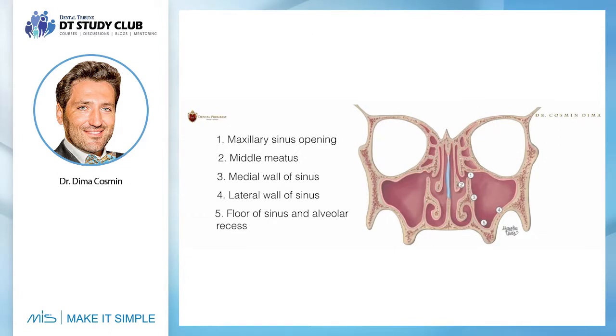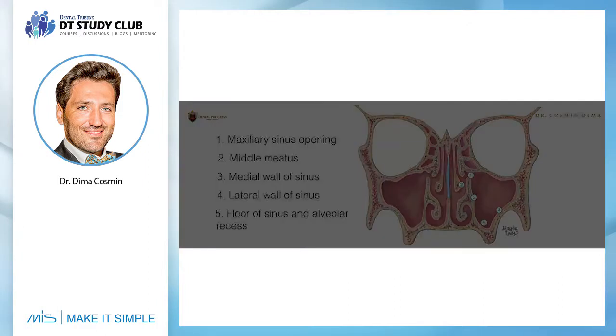The lateral wall of the sinus is important because when we perform the external sinus lifting, of course we prepare the window in the lateral wall. And the floor of the sinus and alveolar recess is also important for internal sinus lifting and implant insertion.